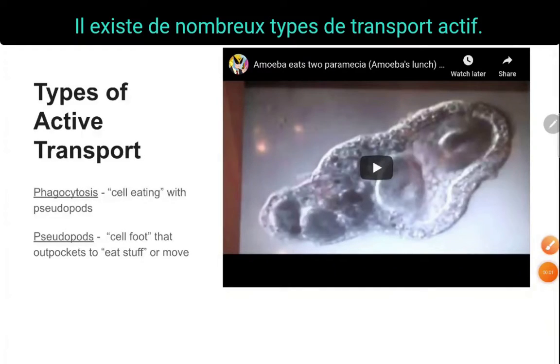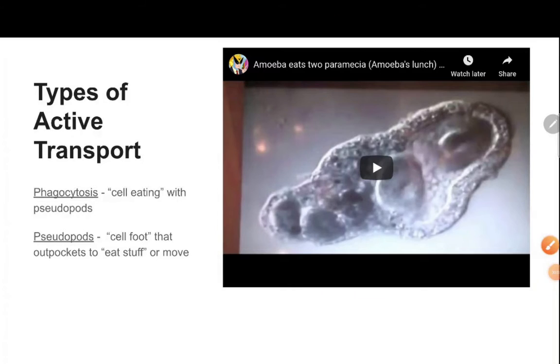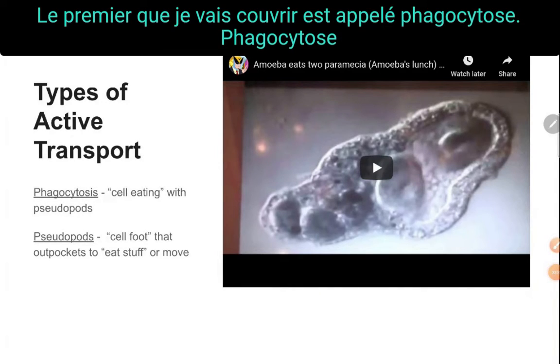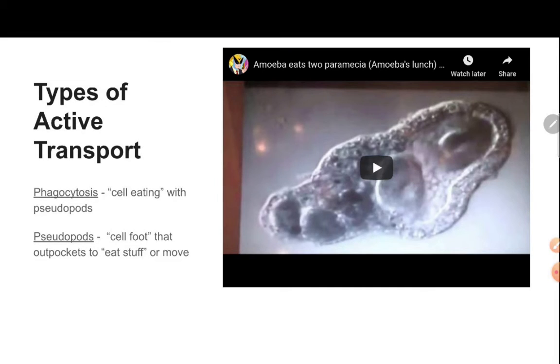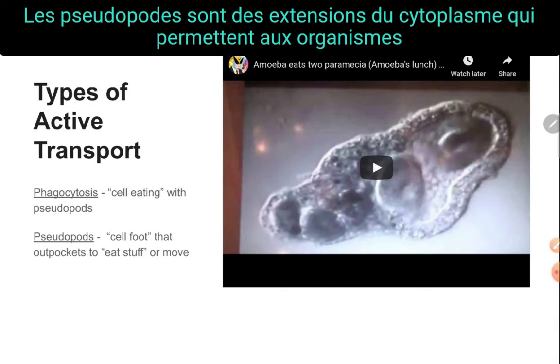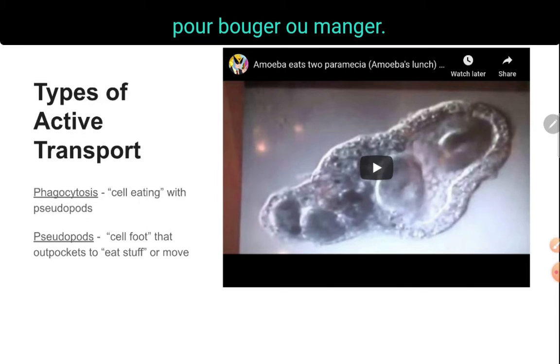There are many types of active transport. The first one I'll cover is called phagocytosis. Phagocytosis is when cells use what's called pseudopods in order to eat. Pseudopods are extensions of cytoplasm that allow organisms to either move or eat. I'll show you an example.